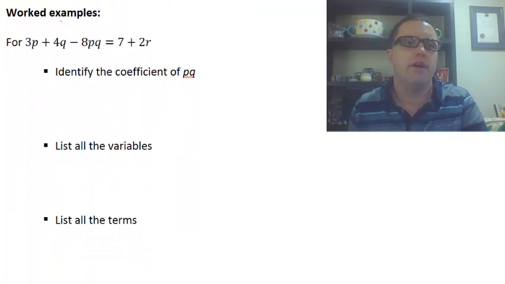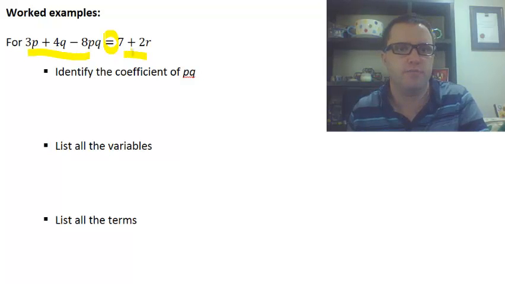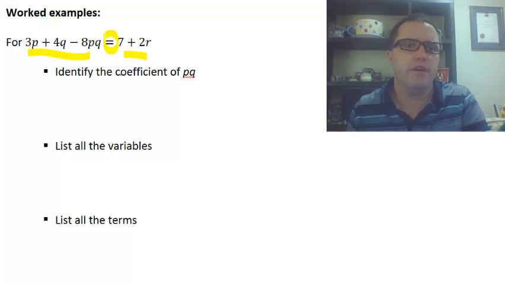So we've got this expression here. Oh, actually, I've got an equation here. It's a bit naughty because I've got an equal sign here, but that's all right. We've got an expression on this side, an expression on that side. We want to identify the coefficient of PQ. So we look through our equation here, and here's where PQ is.